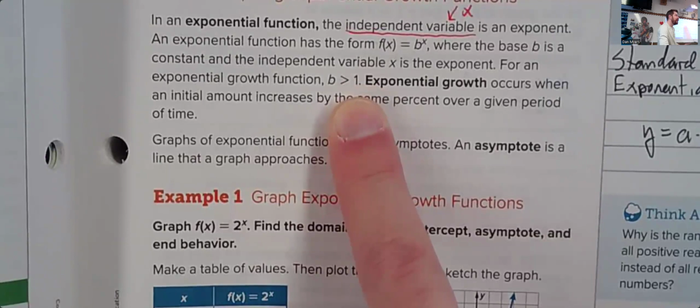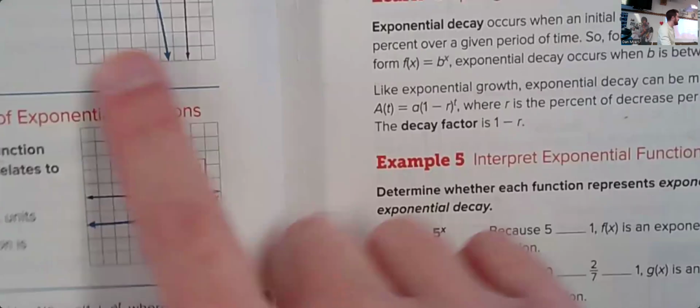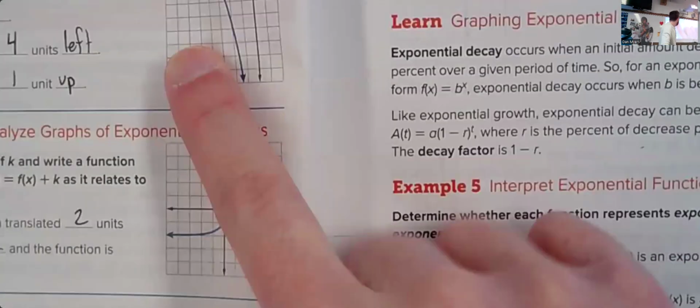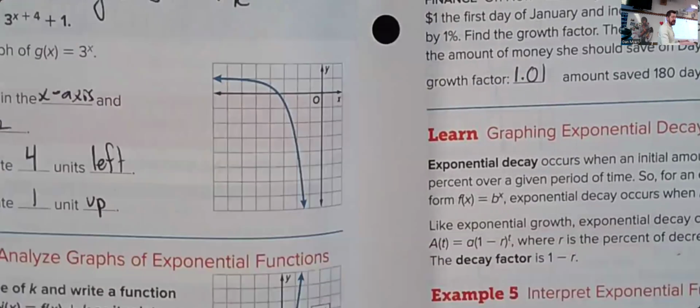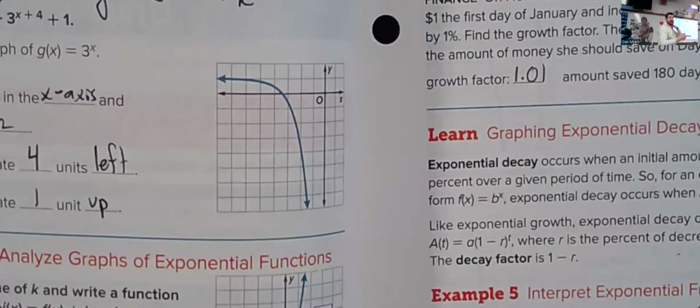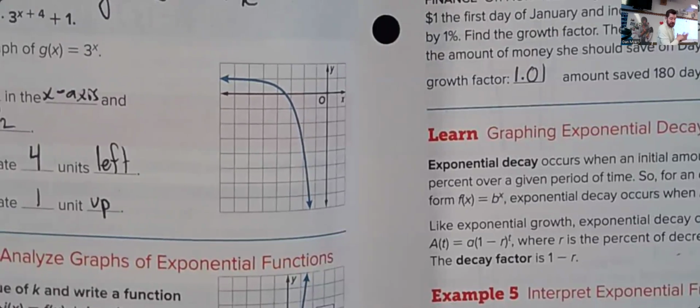Less than 1, however, there's a limit on the bottom end. And that has to do with the fact that if it's negative, that's a reflection across the x-axis. A negative doesn't mean it's exponential decay. A negative just means it's reflected across the x-axis. So for decay, it is less than 1, but it is still greater than, what do you think? 0. Yeah. So less than 1, greater than 0.